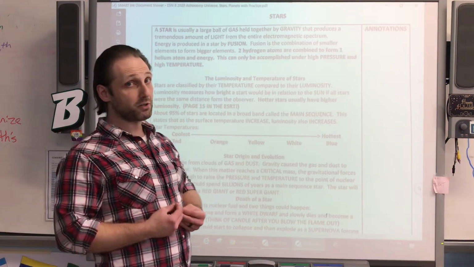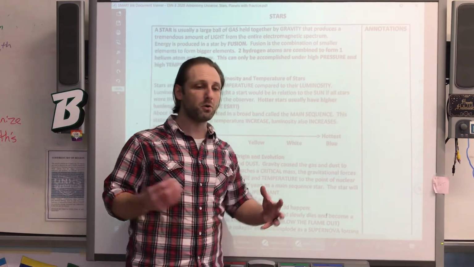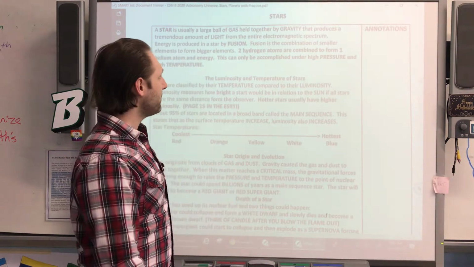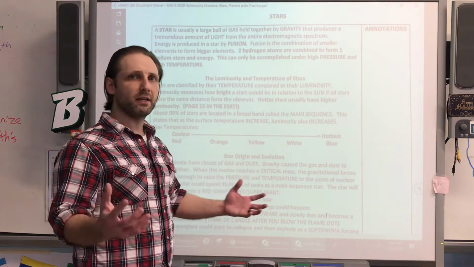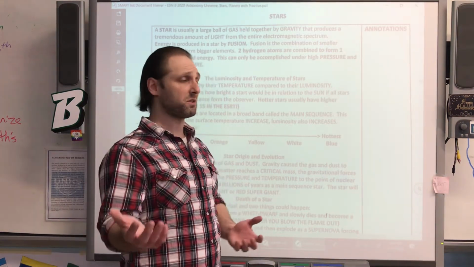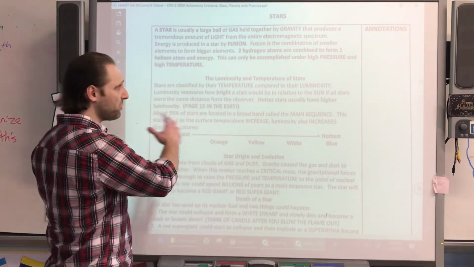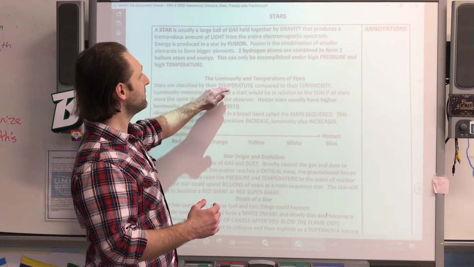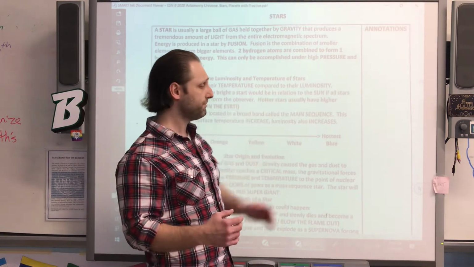It's not just our star that's undergoing fusion, it's also all the other stars that are in the sky. And how do they all vary in different ways? Some are big, some are small, some are the size of almost our solar system. So there are two major variables: temperature and luminosity.